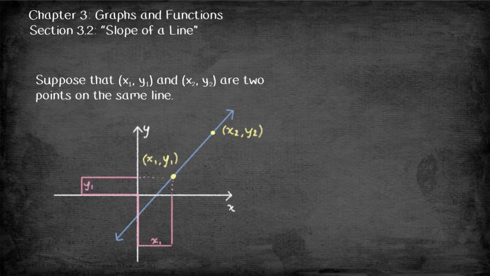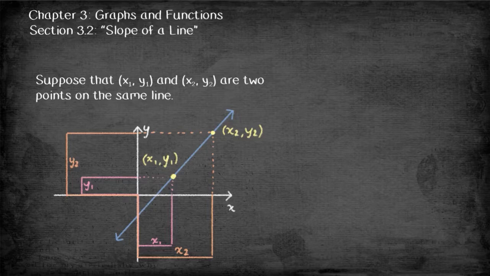Now, x1 being the x-coordinate of the first point means that you travel x1 units to the right or to the left, depending on whether x is positive or negative, and y1 units up or down. And for the second point, you're traveling x2 units to the right or left, and y2 units up or down, depending again on whether or not they're positive or negative. This is just coming from how we graph the points.